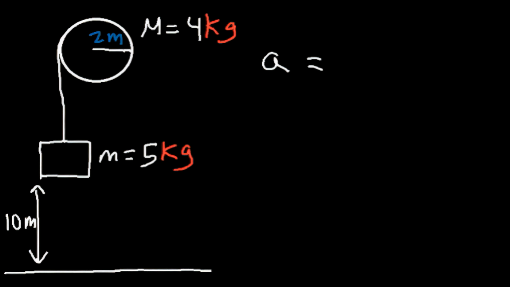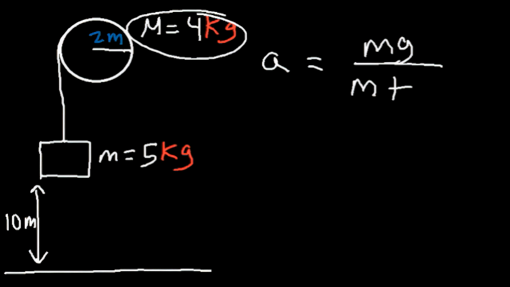Now there's no frictional forces that oppose motion. So the only force that we have to worry about is the weight force divided by the total mass. So we have the mass of the block and the inertial mass of the pulley. Now, the inertial mass is not simply just the 4 kilograms.